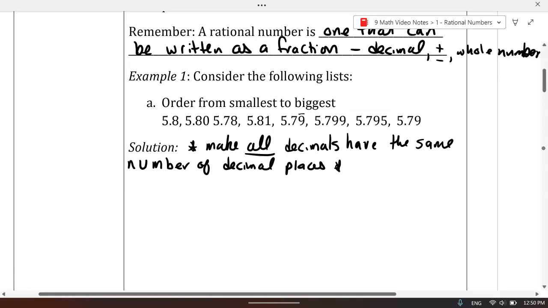And to do this, we add zeros to the right. And I'll show you what I mean.